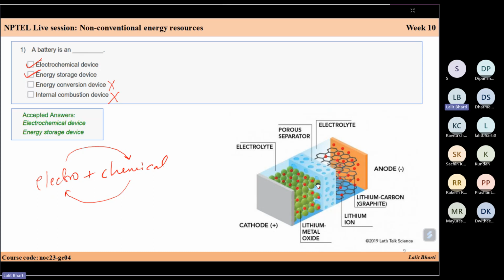We call these electrochemical reactions. It means there is not only the chemical reaction, but the transfer of electrons as well, which is an important part of a battery, because with just chemical reactions we would not get the flow of electrons. So we get electro plus chemical, hence electrochemical. Batteries are electrochemical devices. So options 1 and 2 are correct, and 3 and 4 are not correct for this question.